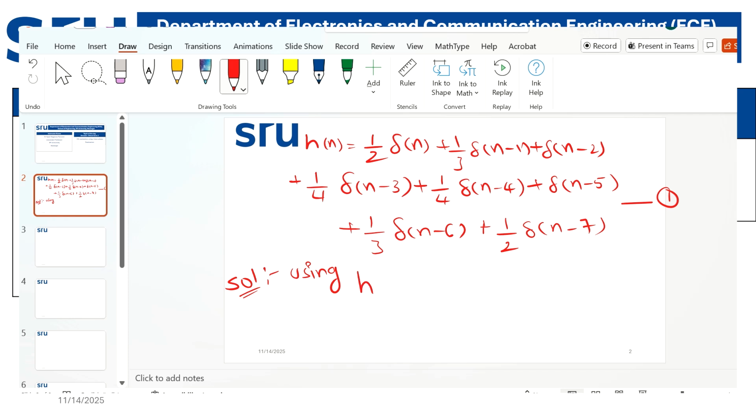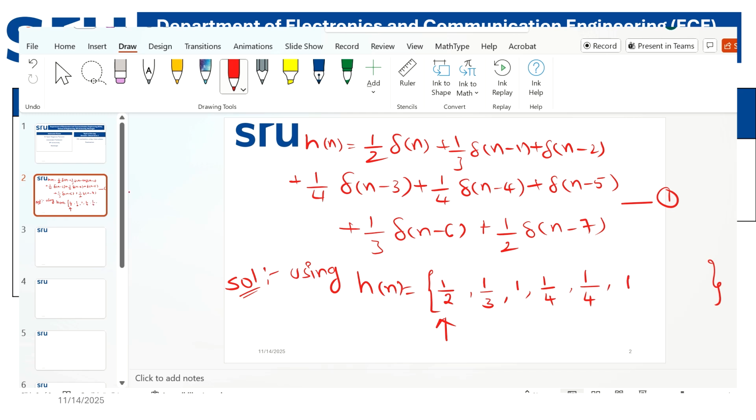Writing h of n in sequence format for the given expression: at n is equal to 0, 1 by 2, then 1 by 3. At n is equal to 2, the coefficient is 1. At n is equal to 3, it is 1 by 4. At n is equal to 4, again 1 by 4.